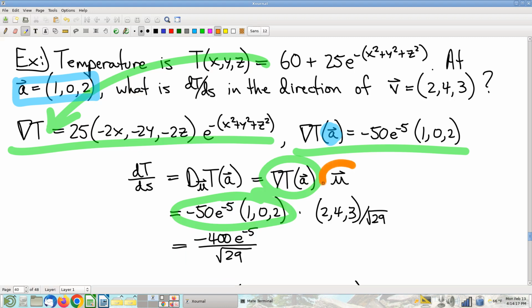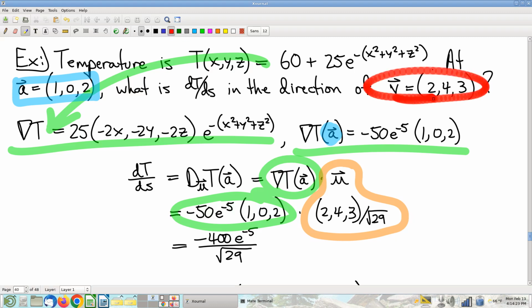It does need to be a unit vector. You've got to take whatever convenient vector happened to be pointing in the direction that you want, and divide it by its own magnitude to get the unit vector pointing in that direction. And then dot product, answer, victory. All right?